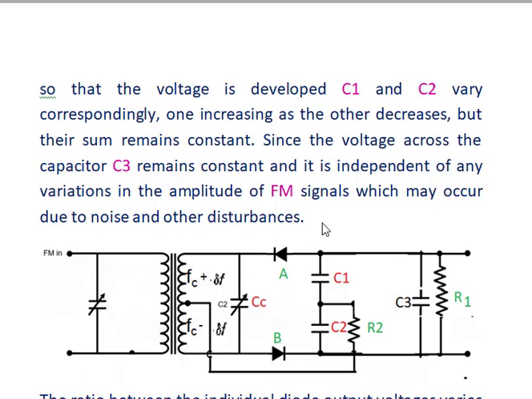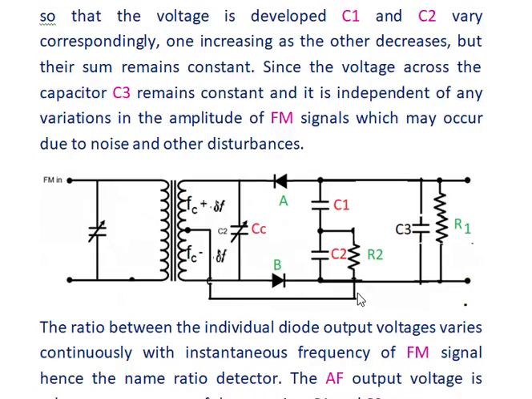So the voltage across C3 is always constant due to the sum of the voltages across C1 and C2. The ratio between the individual diodes' output voltages varies continuously with the instantaneous frequency of the frequency modulated signal.